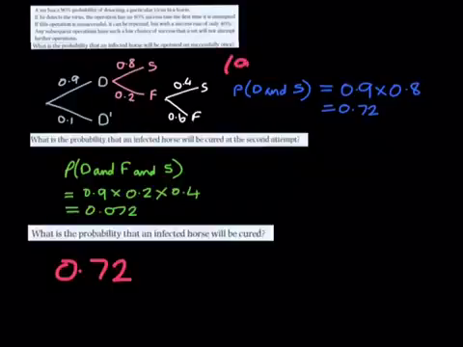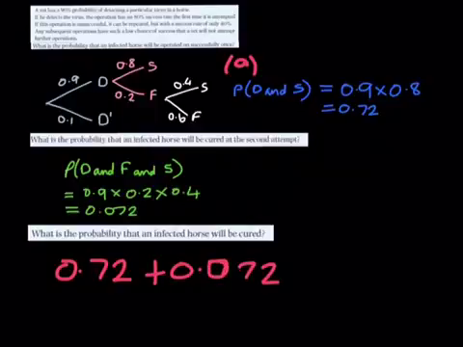We call part A up here. Okay, and diagnosed following a failed operation and then a successful operation is 0.072, which we found here. If we just call this part B, and so if we add those two probabilities together, because this is an OR situation, then you get 0.792.